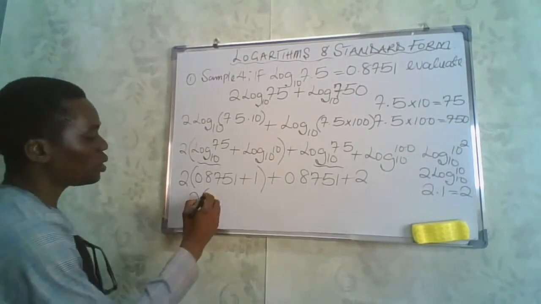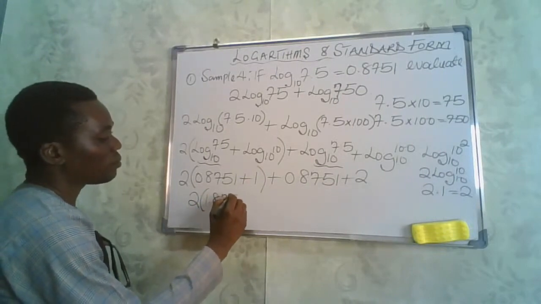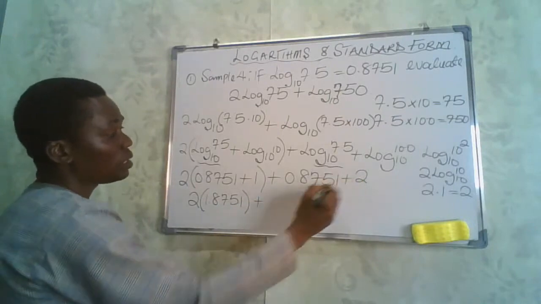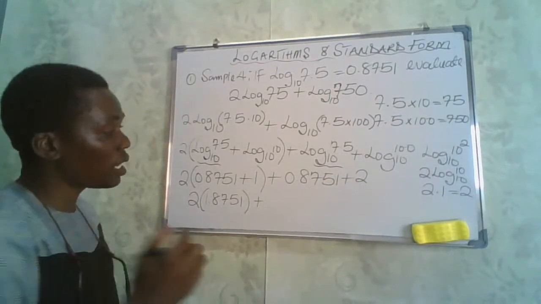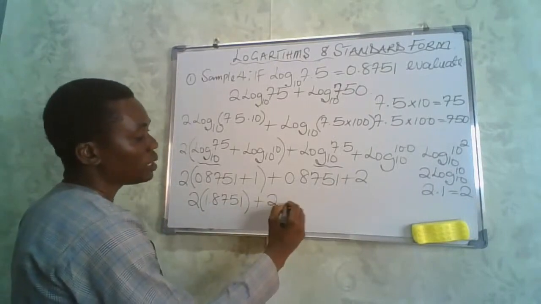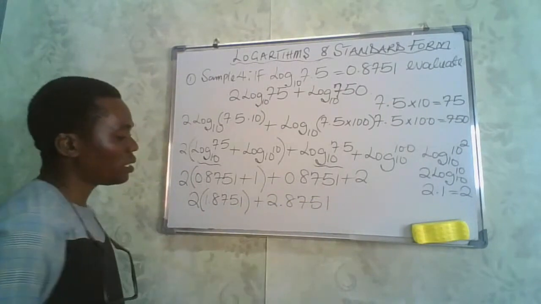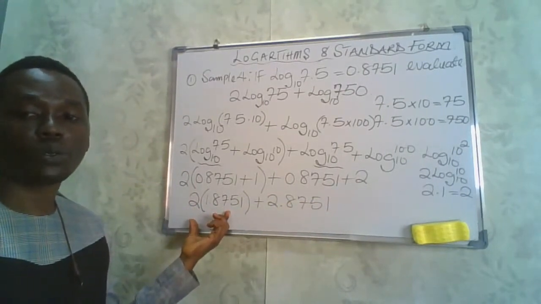If you add it, you're going to have 1.8751, right? Then we'll now add this to this, and if you add that to that, we are going to have that to now give us 2.8751. So if we multiply this and this, we are going to have the solution.